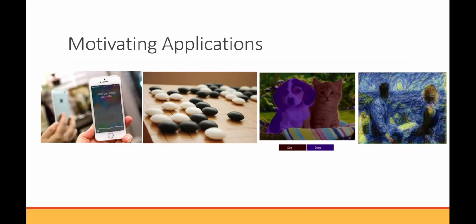You are also required to identify the exact location of those objects. The fourth one, I guess it's known to everybody. Deep learning based model, which is nothing but a huge neural network, has also shown very promising performance in terms of generating synthetic images. So these are some good examples to motivate you to study neural network.